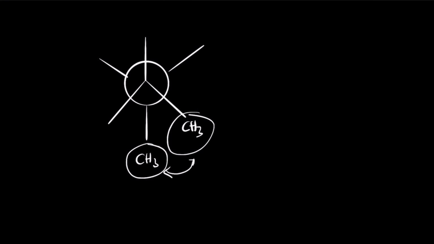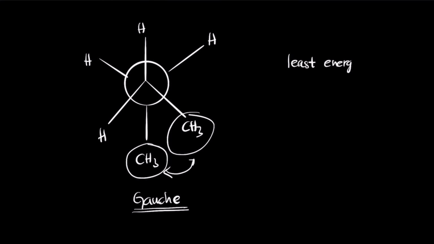The amount of energy required to keep them close together is high. So this type of configuration is called a gauche configuration. All the others are hydrogens basically. We call this a gauche conformation, and this also has instability. The one with the least energy is the anti-conformation.